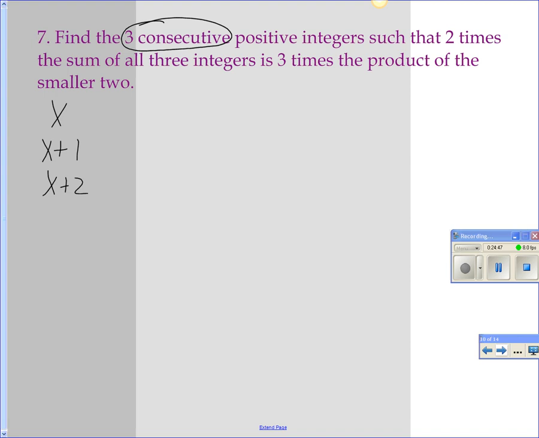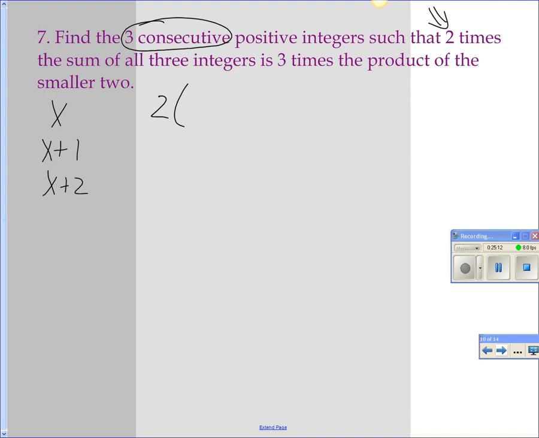All right, Shakira, where does it actually start telling me what to do mathematically? Good, very good, right there. 2 times, so I'm going to put 2 and a parentheses for times.